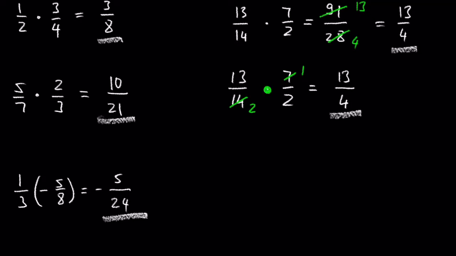Let's do another example that shows that simplifying at the beginning is much easier than simplifying at the end. 3 over 8 times 24 over 39.